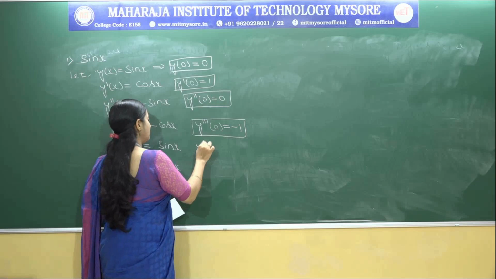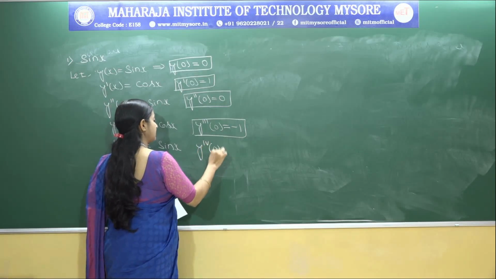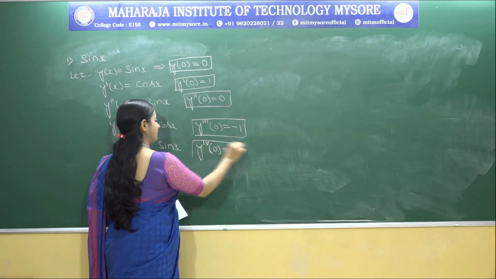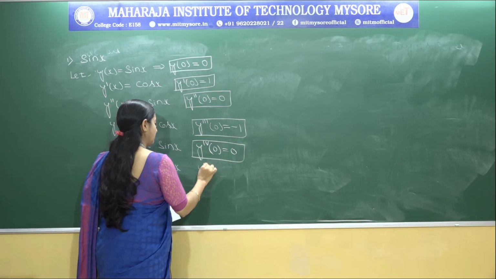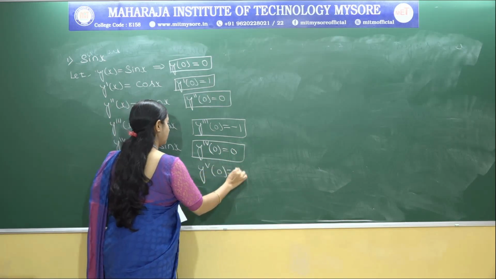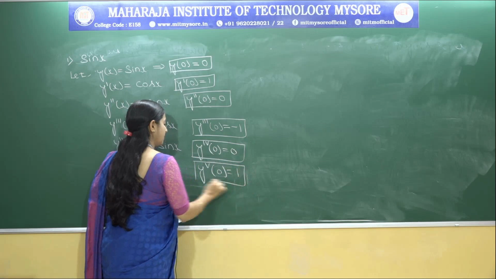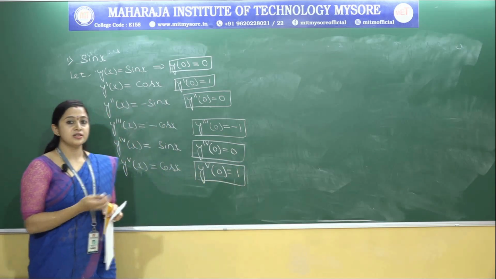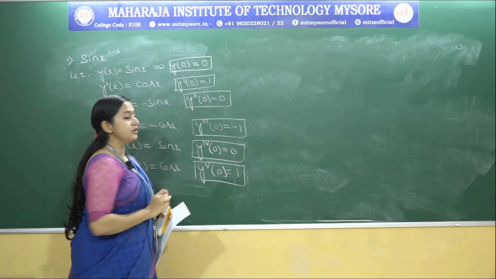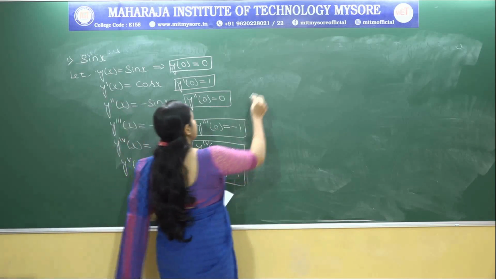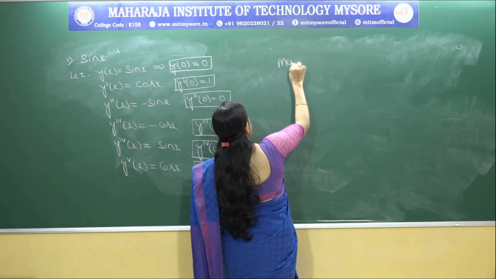The fourth derivative, since you have sin x, you will get 0. The fifth derivative at 0, cos 0 equals 1. The minimum 3 terms in a series you have to consider, so I consider till the fifth derivative. Then you know the Maclaurin series expansion.